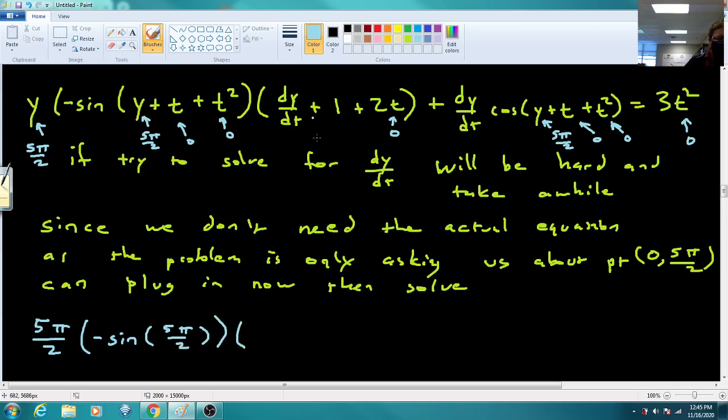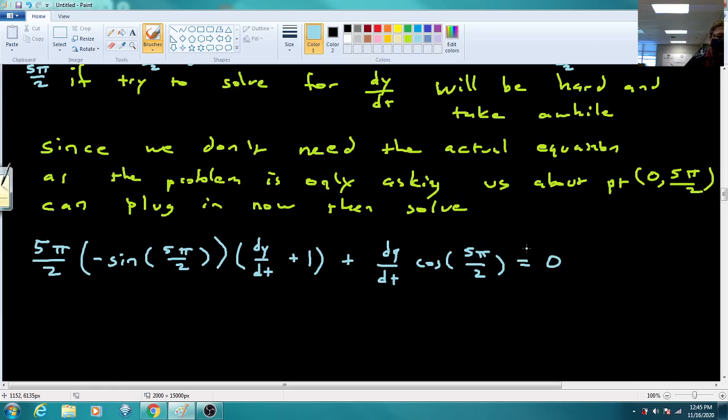All that times dy dt is still there. Plus 1 plus 0, so plus 1, plus dy dt times cosine of 5 pi over 2 plus nothing, equals nothing. So that simplified a little bit.